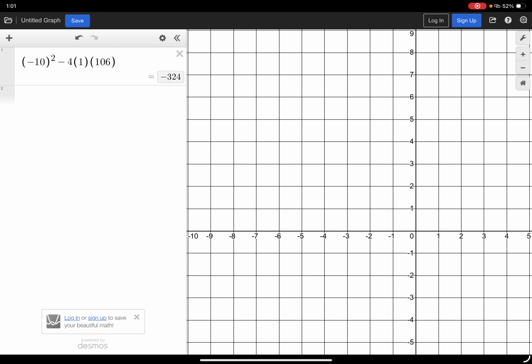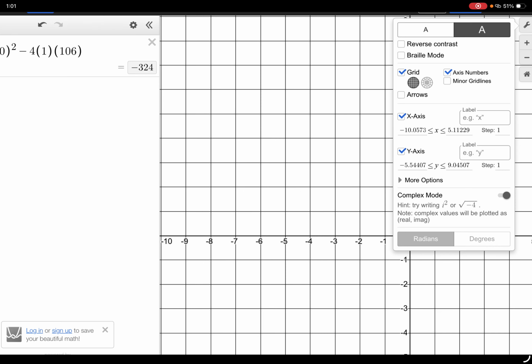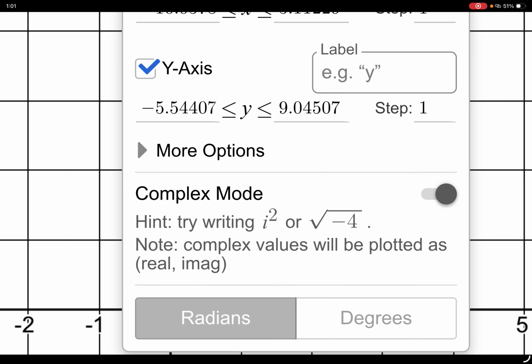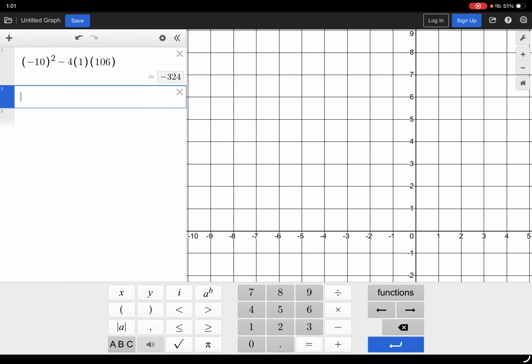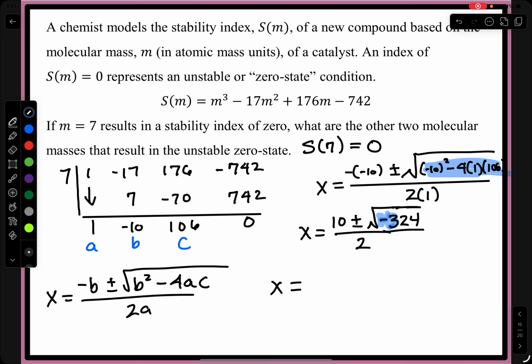I make sure, first of all, that my complex mode is on. If I take the square root of that number, negative 324, I see that I end up with 18i. So 10 plus or minus 18i divided by 2.